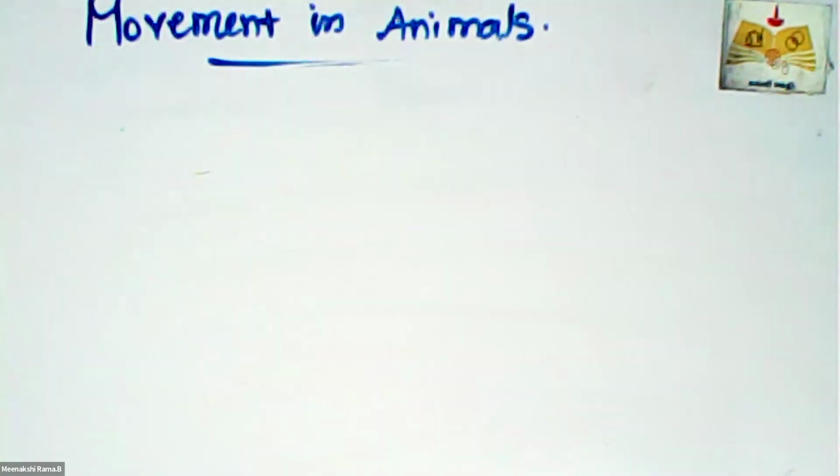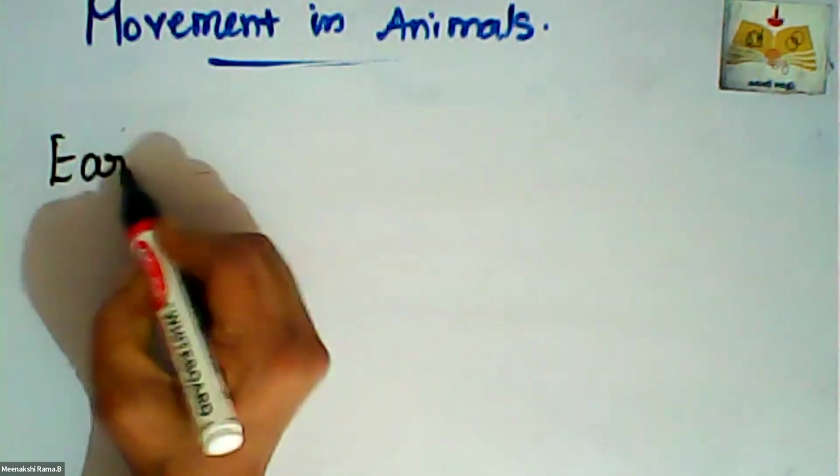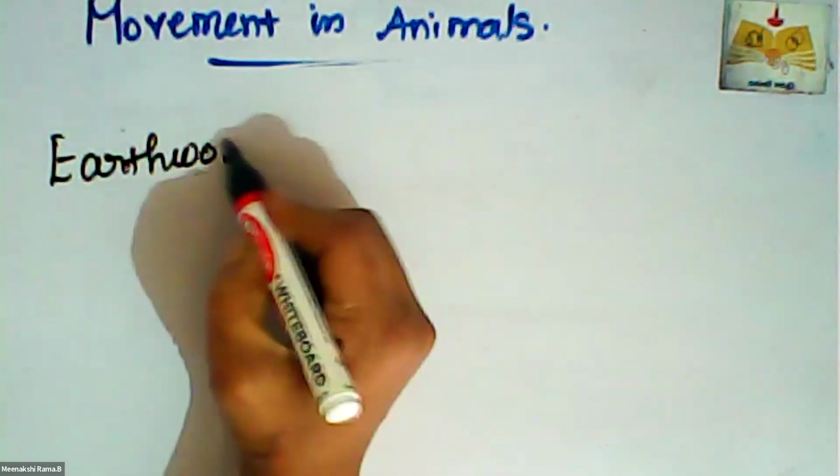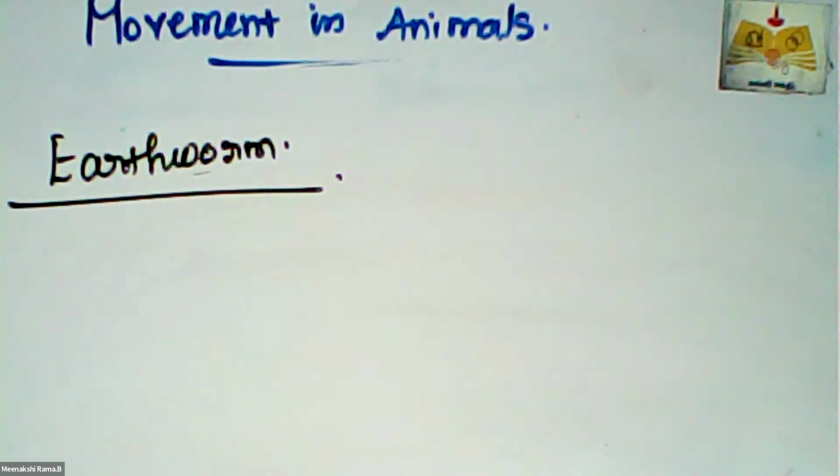Movement in different animals. First animal is the earthworm. Yes, movement is one of the significant features. That is the basic mechanism used by the majority of vertebrates, including humans. So they exhibit a wide range of movements.